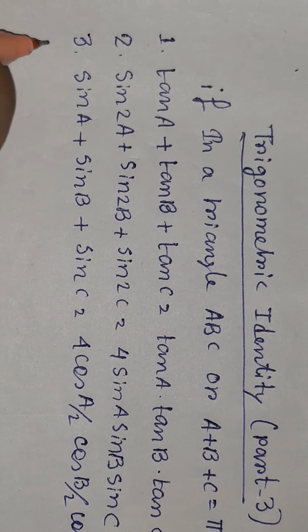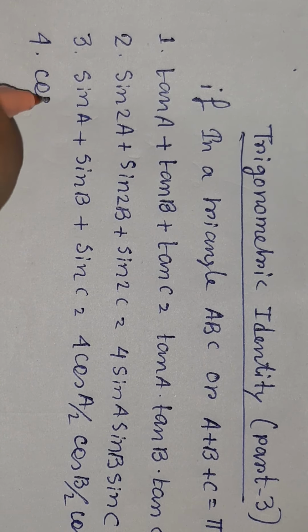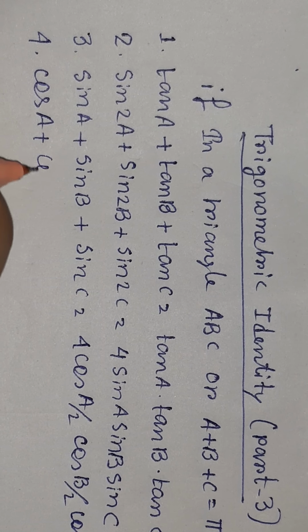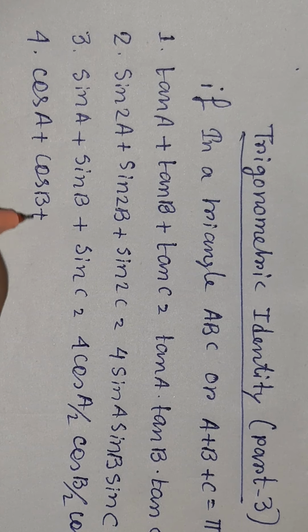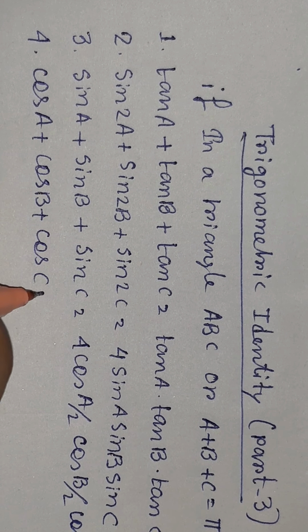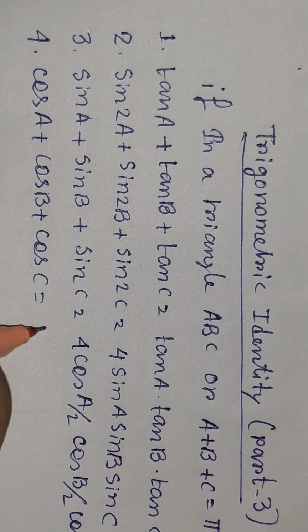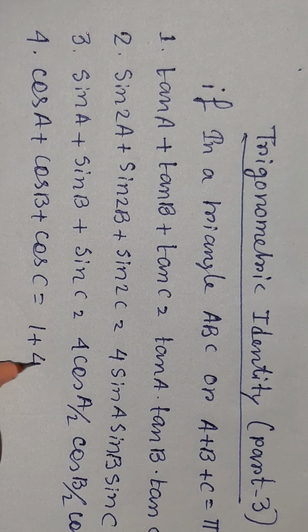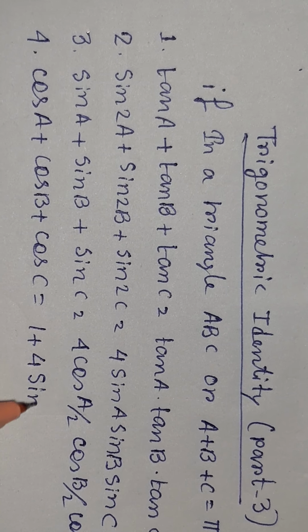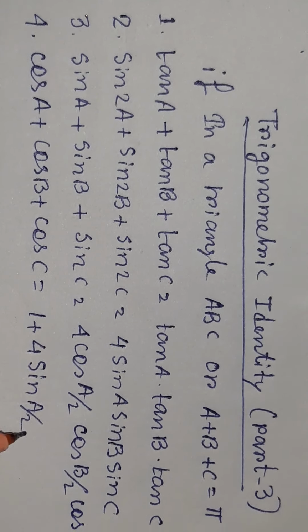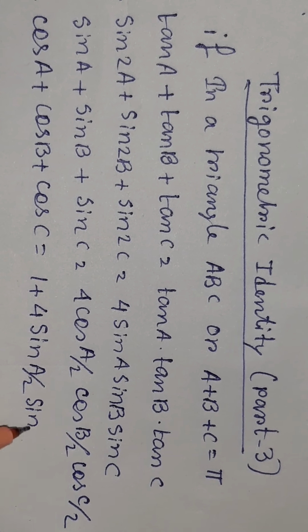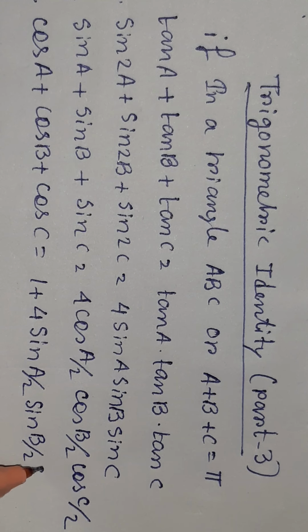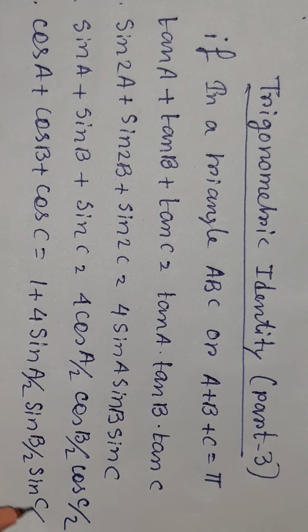What will be cos A plus cos B plus cos C? It will be 1 plus 4 sin A by 2 sin B by 2 sin C by 2.